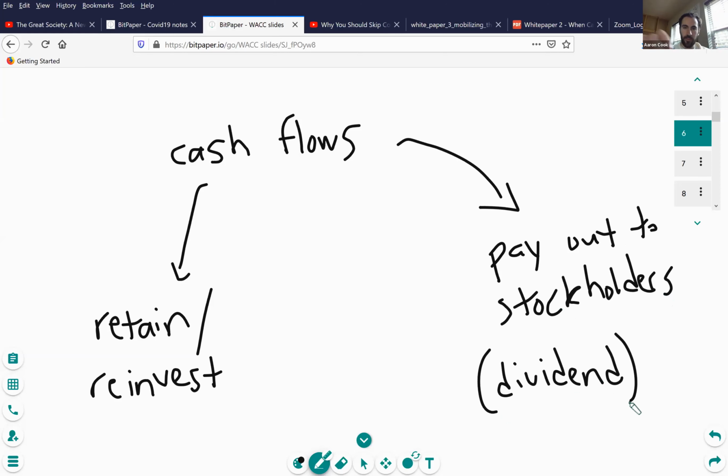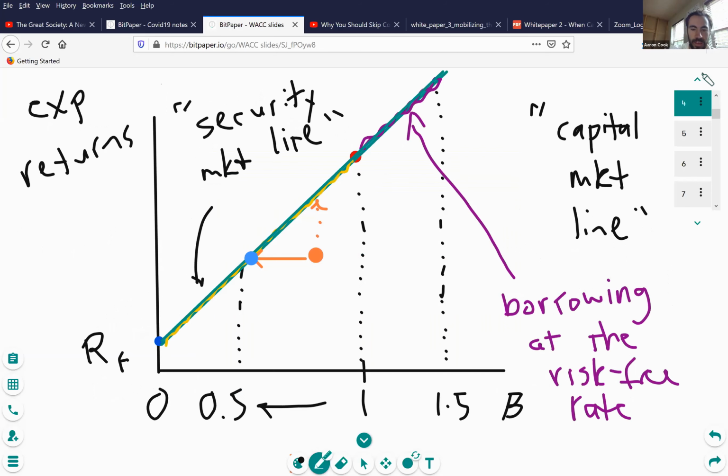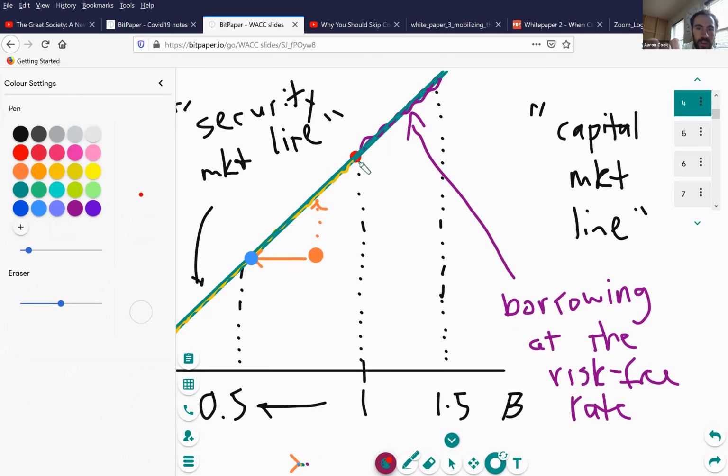Now, remember, if we pay that money out to stockholders, they have cash. They can then take that cash and invest it in a nice, balanced market portfolio and earn a rate of return that's commensurate with this market rate of return that we had been talking about.